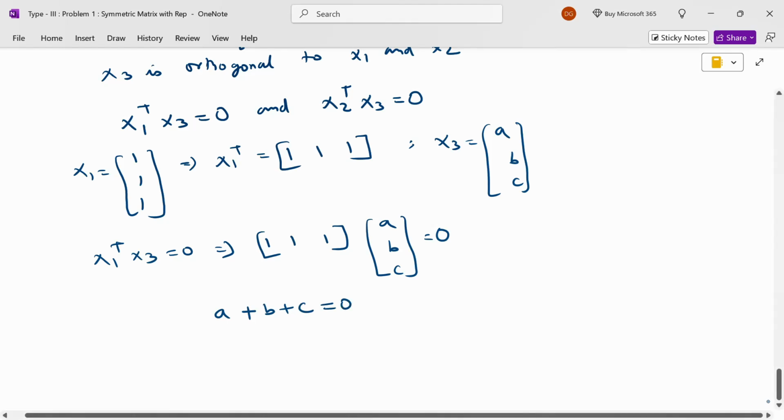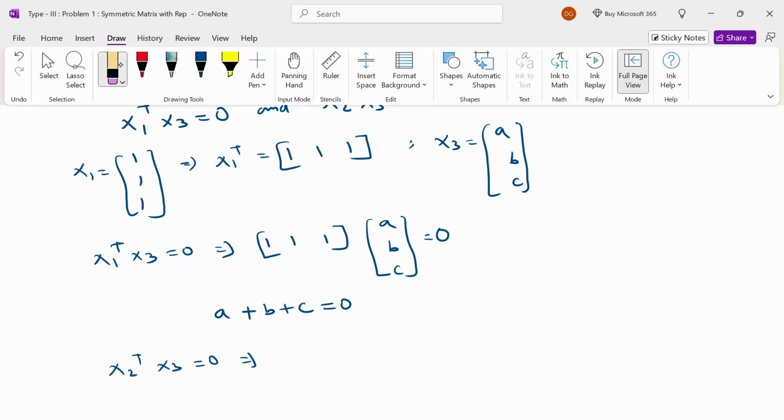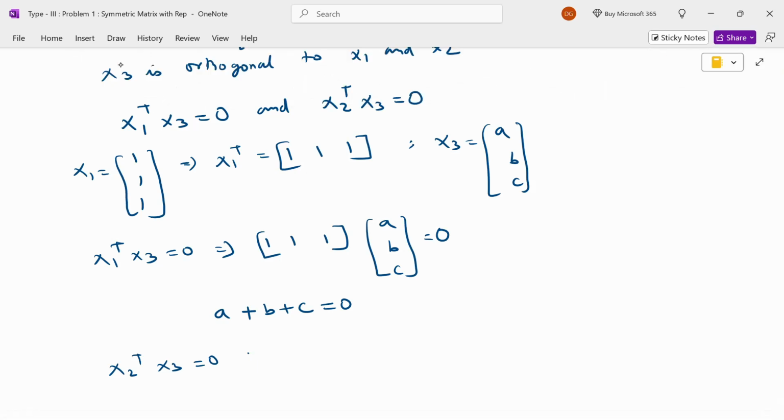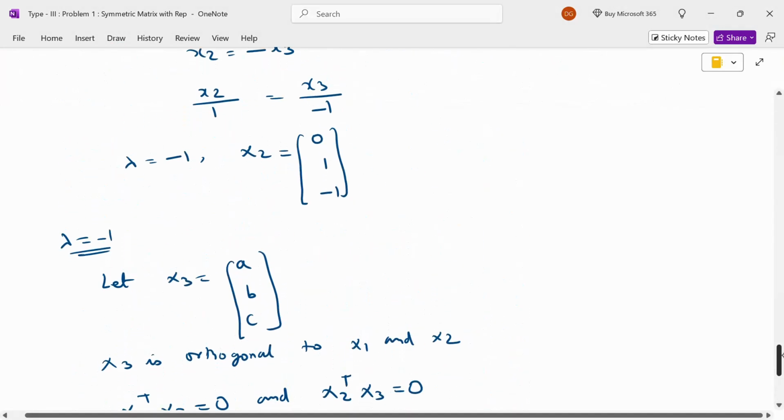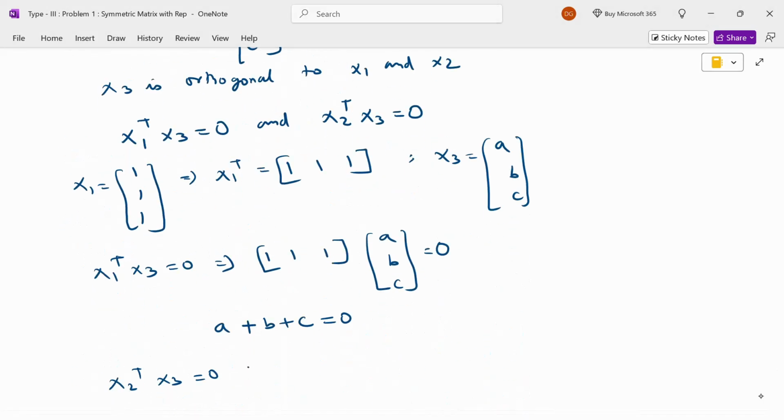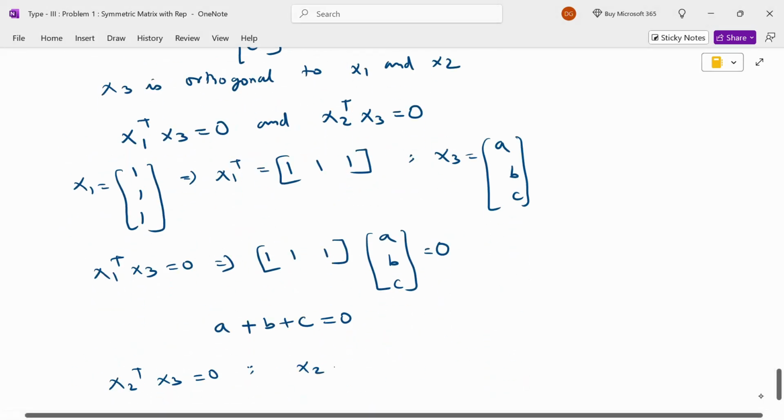And then x2 transpose x3 is orthogonal. What is x2? It is the second eigenvector, whose value is 0, 1, minus 1. Therefore x2 is 0, 1, minus 1.